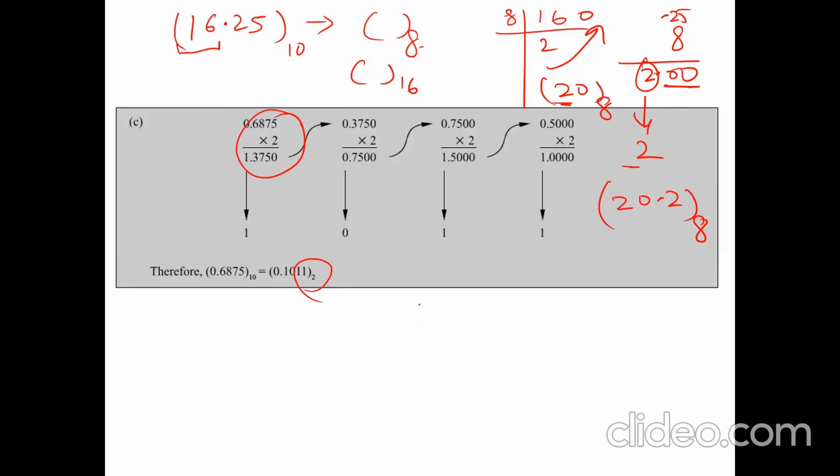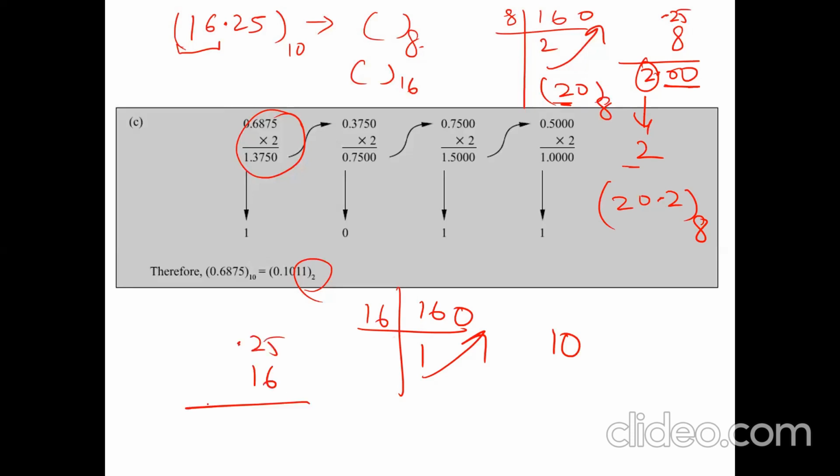Similarly for the hexadecimal number system, we divide 16 by 16. 16 ones are 16, remainder 0. This is 10. Now the 0.25 part, 0.25 multiplied by 16. What will be the answer? 16 5s are 80... it gives 4.0.